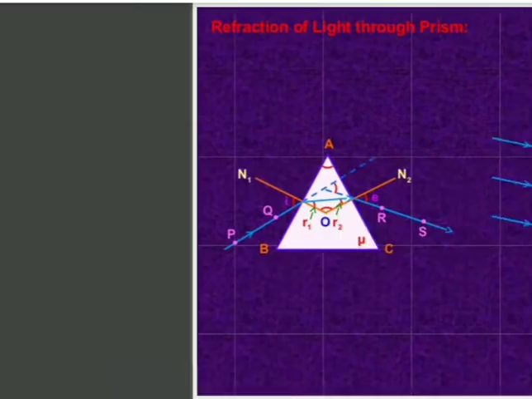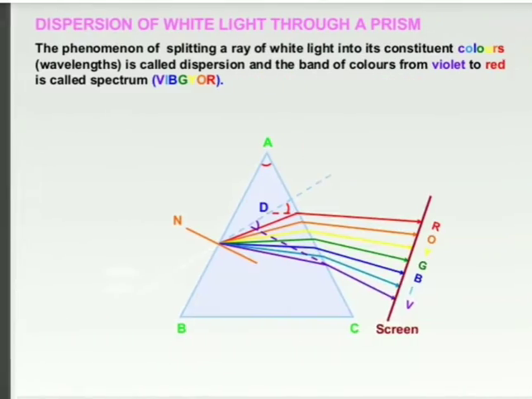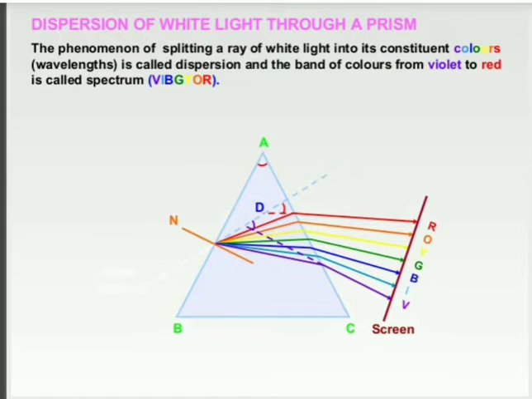Now we will discuss first of all what is dispersion of white light. As you all know, refraction, whenever light travels from one medium to another, it bends.